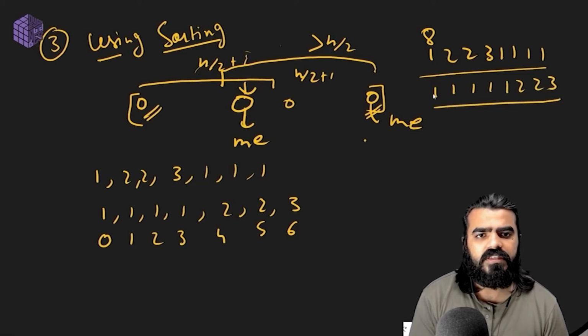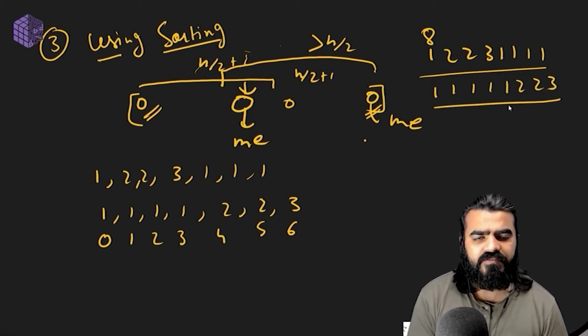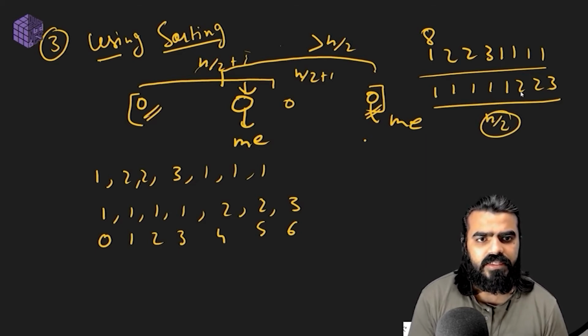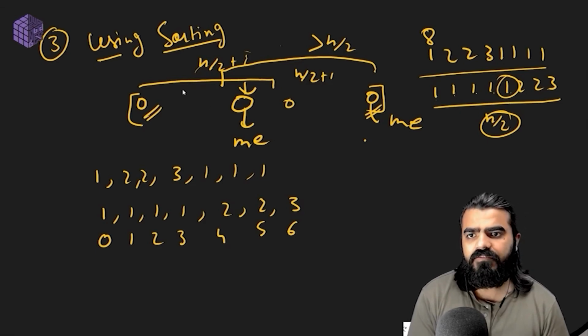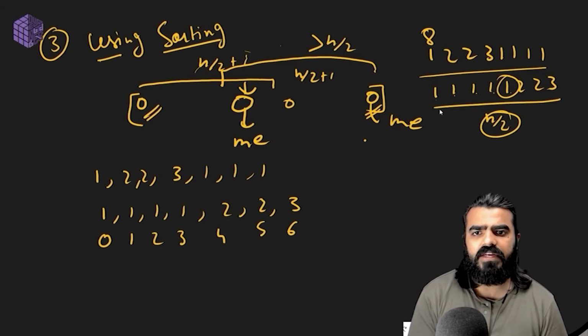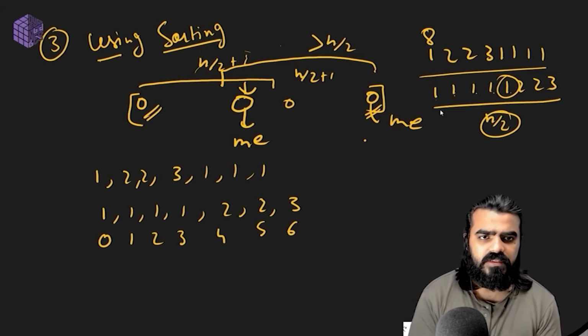So this is the array which we get sorted. If we find the middle element as the n by 2th element of 8, it should give me the result. So in this case, we have 8, so 8 by 2 is 4. So 0 1 2 3 4. This is the answer, right? So we can find it by sorting also. We can find the middle element, and that should give us the answer.